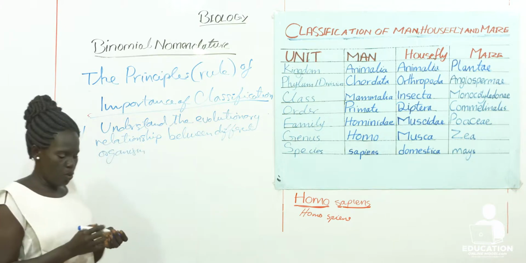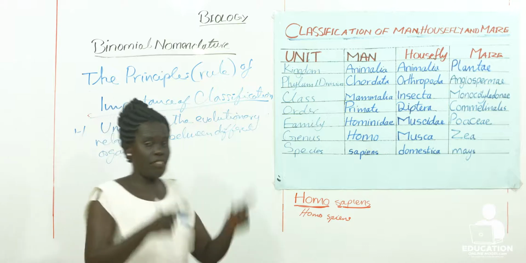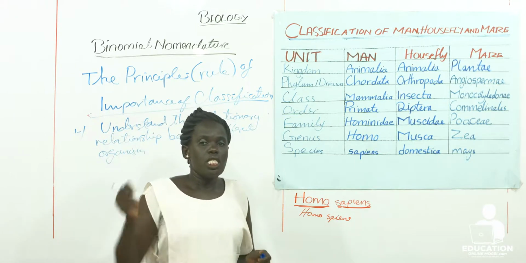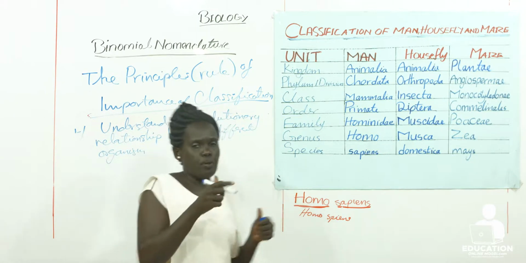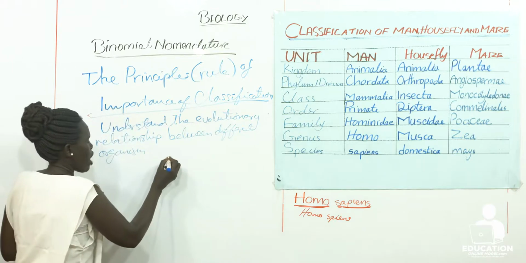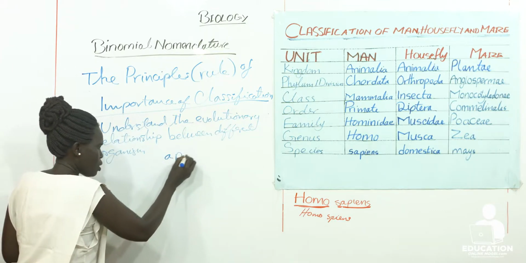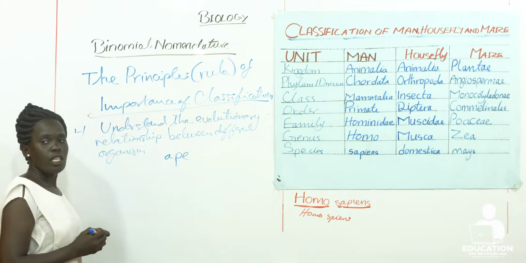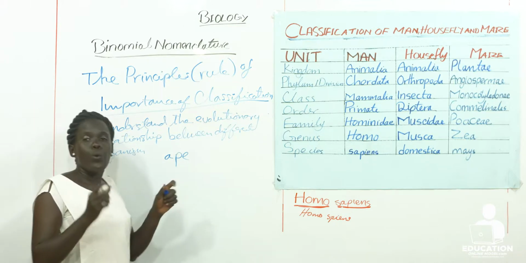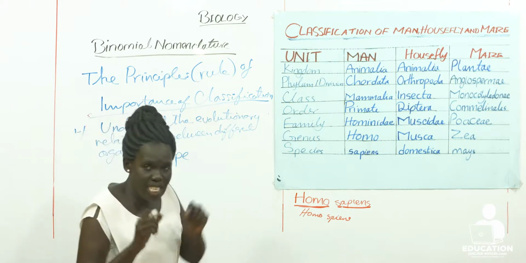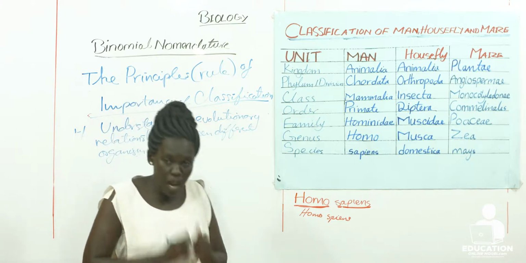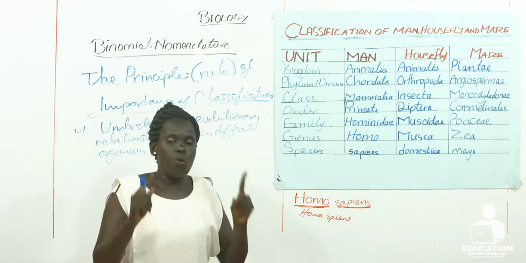For example, you find in classification sometimes we are grouped with apes. We the human beings, we are grouped with apes. This shows we are sharing the same ancestor. That means we developed from one ancestor.